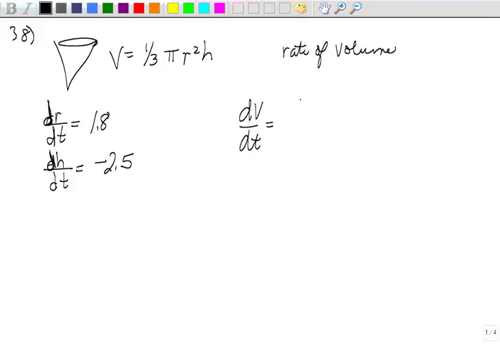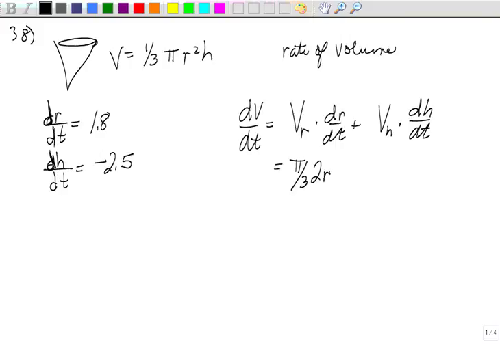is, it's V with respect to r times dr/dt plus V with respect to h times dh/dt. So V with respect to r is that, times dr/dt, but we know what that is.